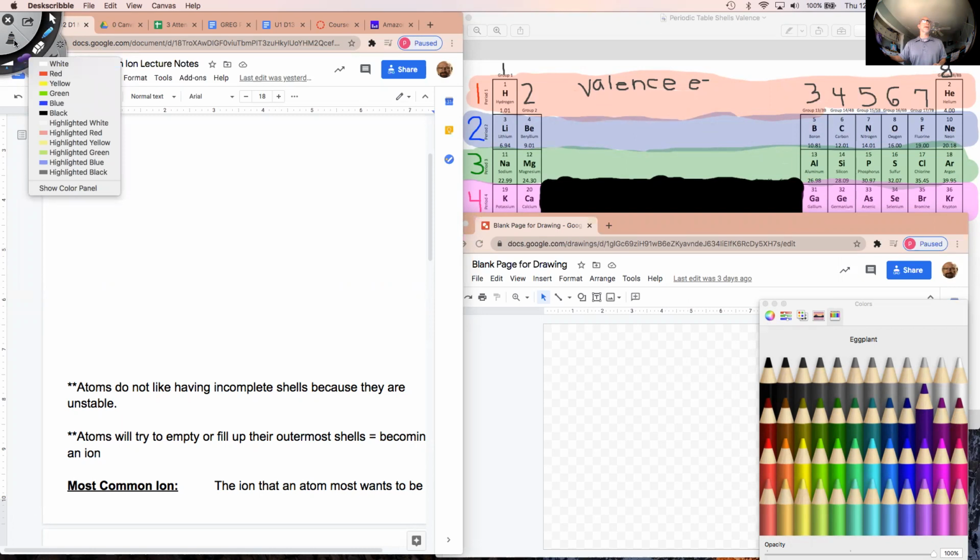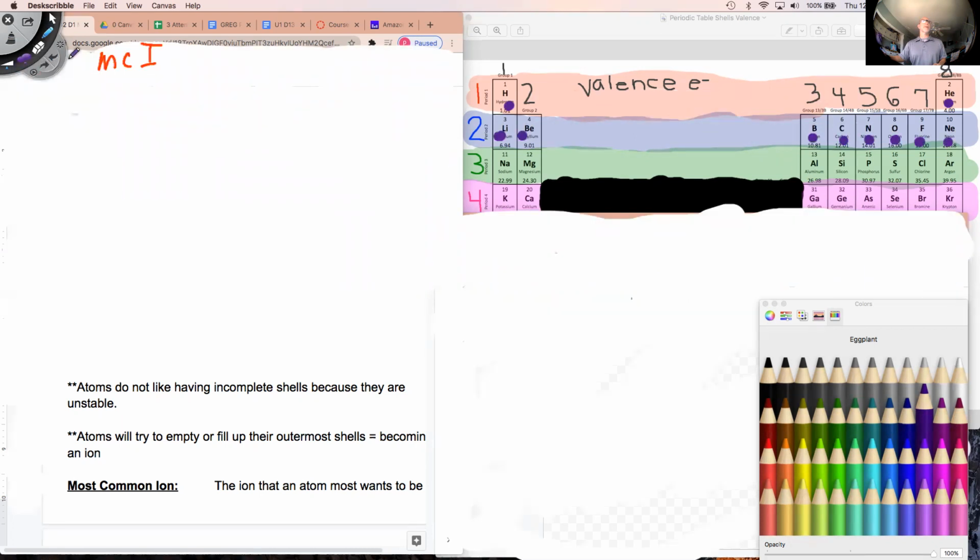So let's take a look. Whoops, let's go back. There we go. So what we want to do, let's take a look. So atoms don't want to have incomplete shells. Atoms are going to try and empty up or fill their outermost shell. So we just did that with magnesium, and you might not have even realized it. But here we have magnesium. So there's magnesium.